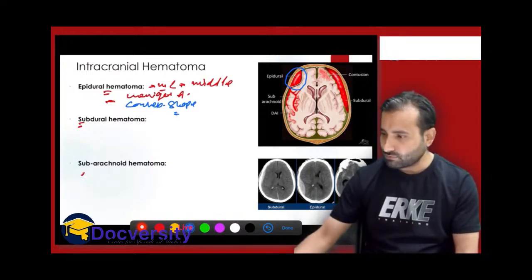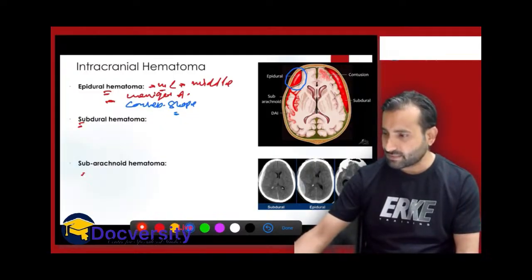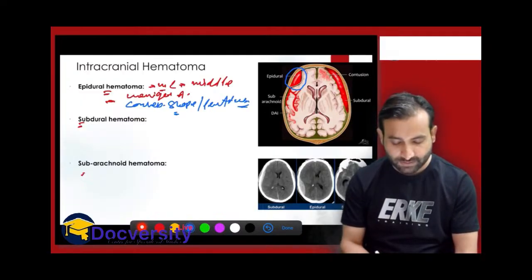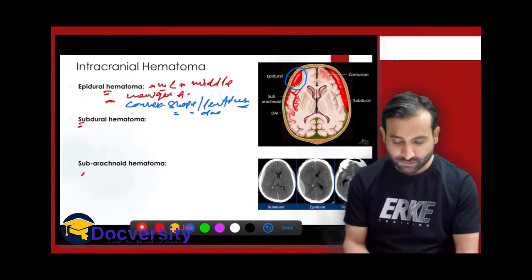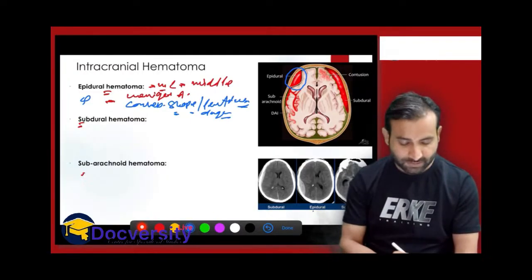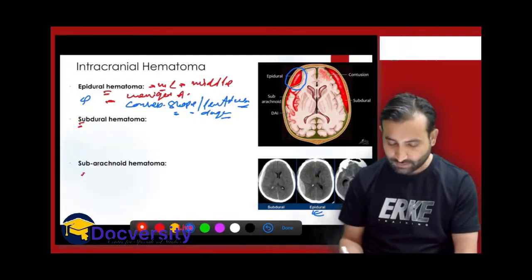It produces the convex shaped hematoma because it does not cross the suture line. So please remember, convex shape or lenticular shape, and it compresses the brain more. So it is more dangerous. We need immediate evacuation. So this is a question in the exam. They will give you like this, okay? Question in the exam.